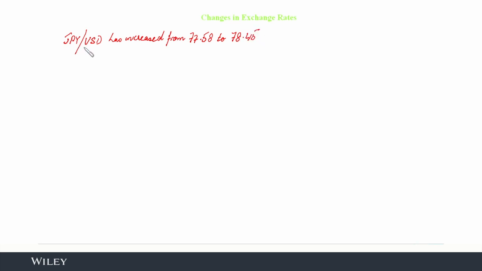Now, since the JPY per USD exchange rate has increased, it means that there has been an appreciation in the value of the base currency or the US dollar, and there has been a depreciation in the value of the Japanese yen.